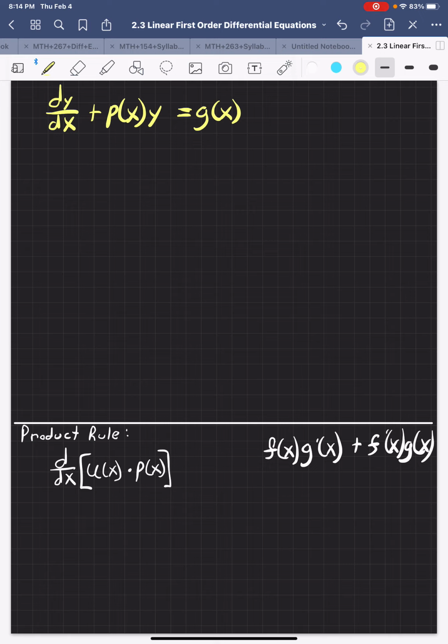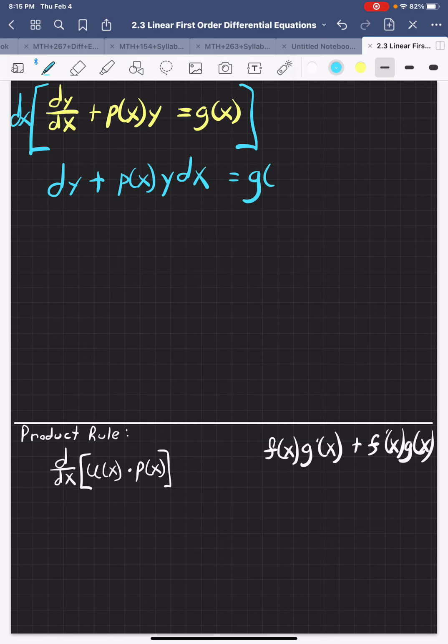Well, this is not going to work, and if you don't believe me, why don't you try. Maybe we try distributing dx, that's one way to get dx to the other side of the equation. So that would leave us with dy plus p of x times y, we'd have to distribute dx there as well, and that's equal to g of x dx.